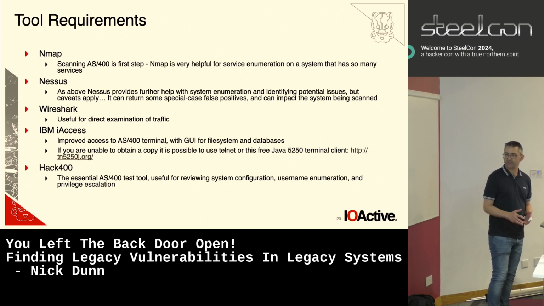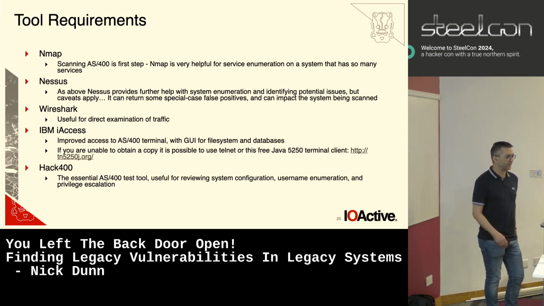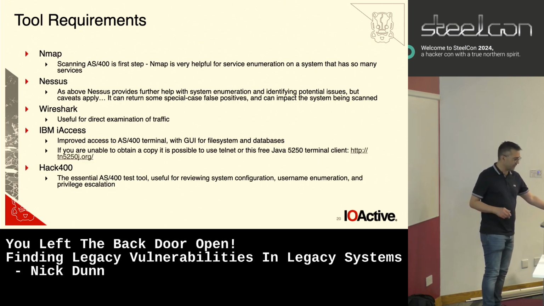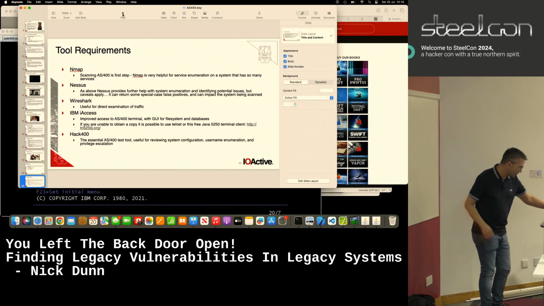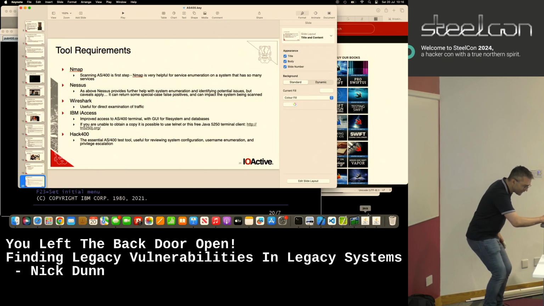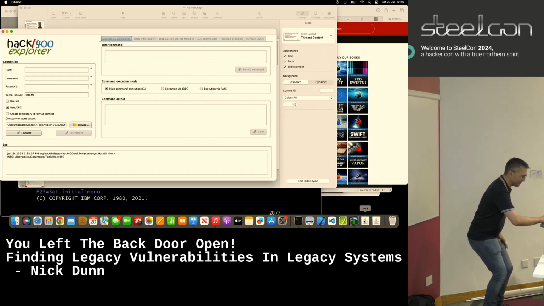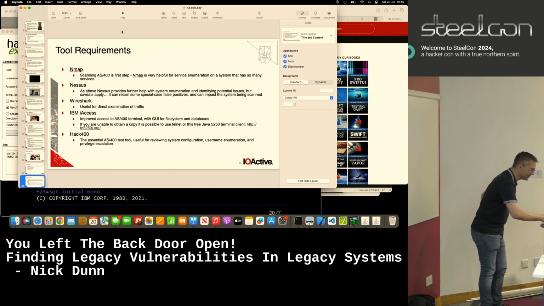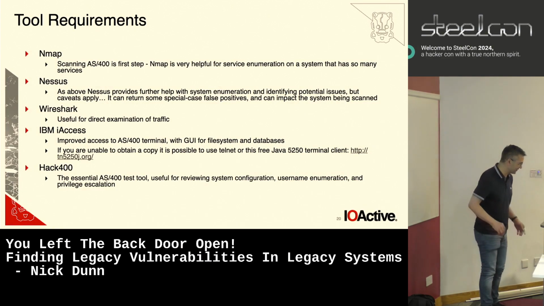It has the advantage that it's written in Java, so you can just run it on Linux, or Mac, or Windows, and it has the disadvantage that it's written in Java. It does look like that and lets you connect to the system and freely interact with it and do bad things, or security testing, as we call it.